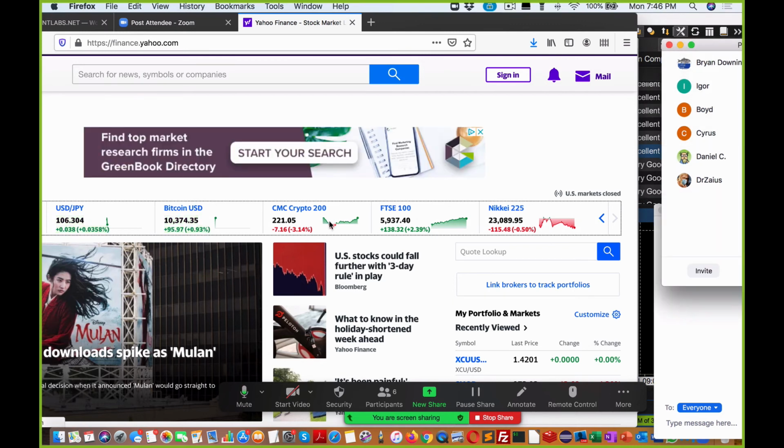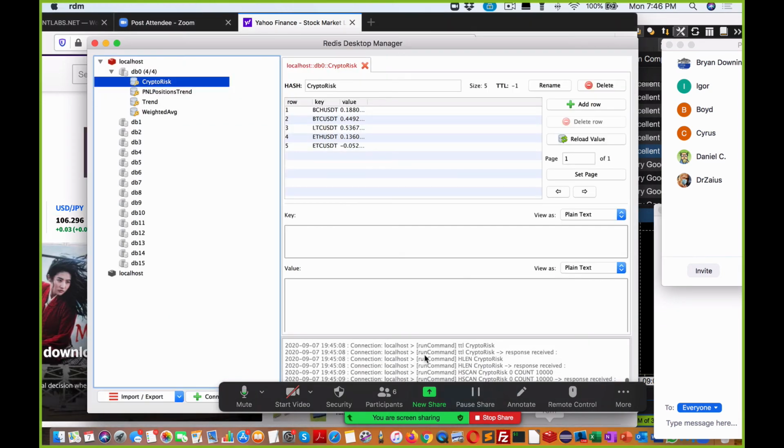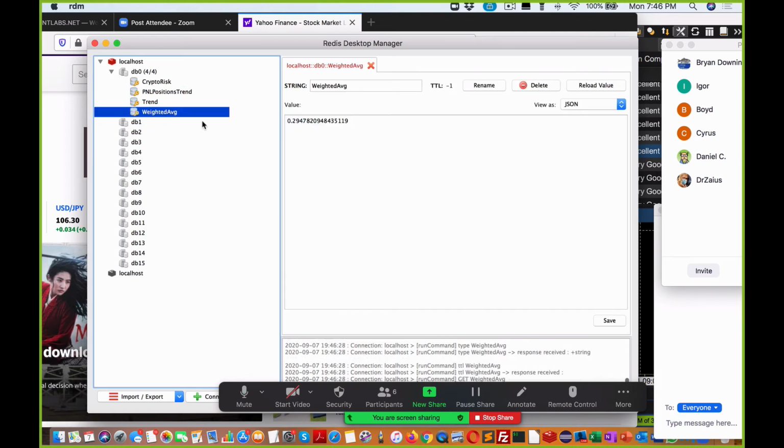But with crypto, it's one of the ways I'm able to predictably measure direction. Right now, as an example, here's the moves of crypto. I know these moves are very small and very tight, and I log it as well. I log this weighted average metric every 10 minutes.